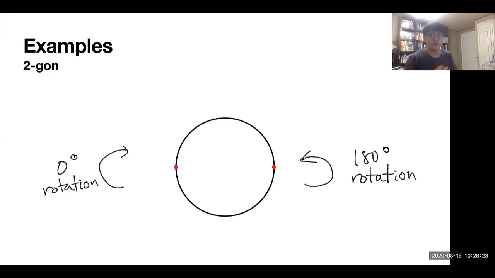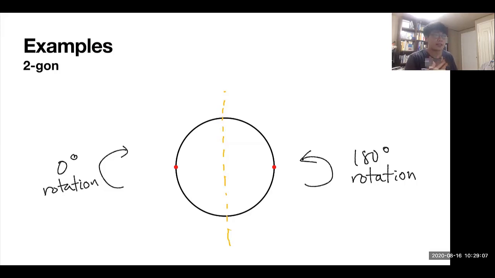A two-gon like this, you can't really realize with straight edges in 2 dimensions, but this is some object with 2 vertices and 2 edges. And you can see that there are 2 possible transformations that leave this thing invariant, which is either leaving it alone or making a 180 degree rotation. You would still get the same two-gon, right? And you can also see in the same example that you have this reflectional symmetry as well. That's also some other symmetry you can consider on this object.